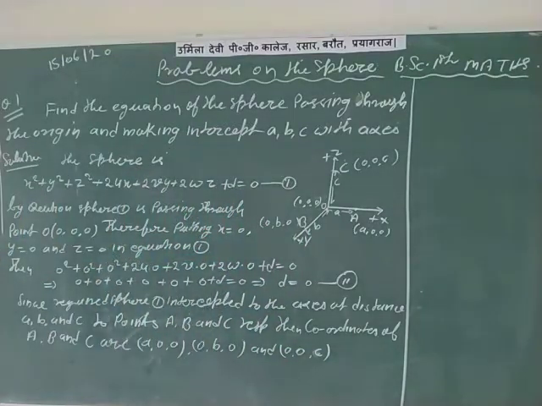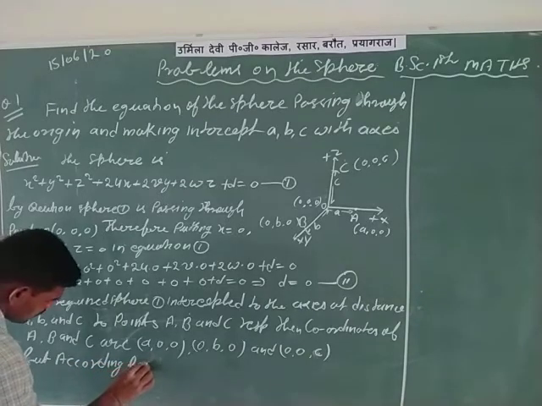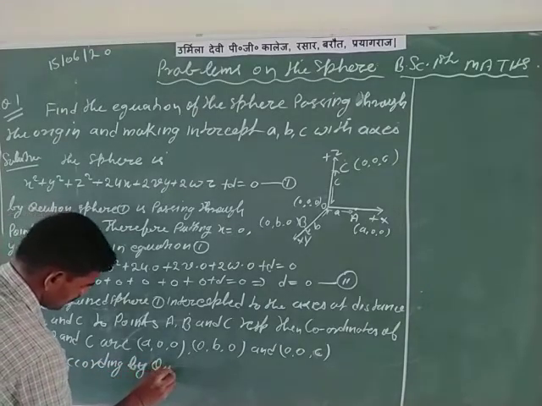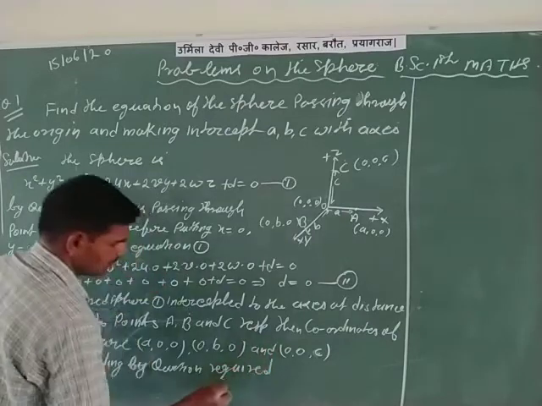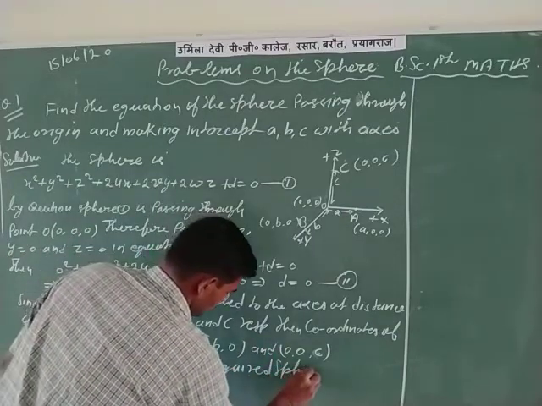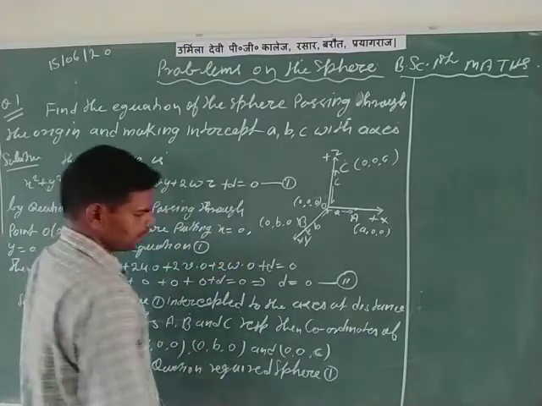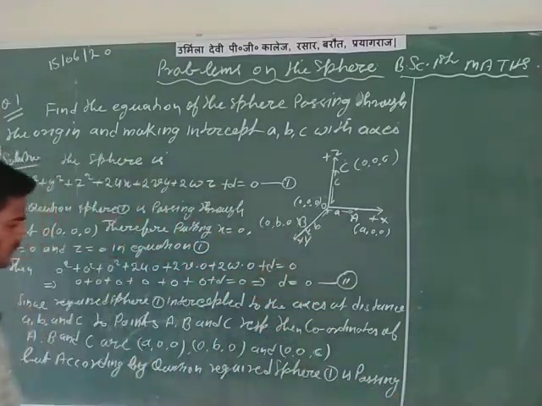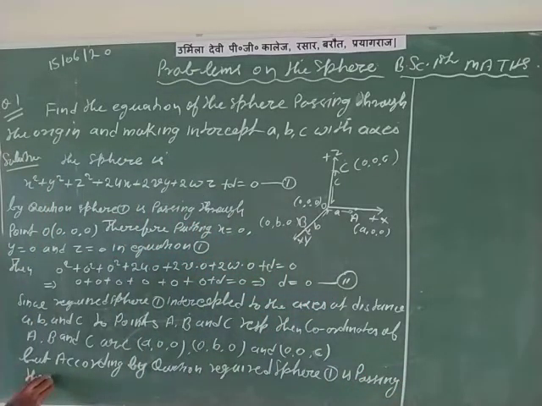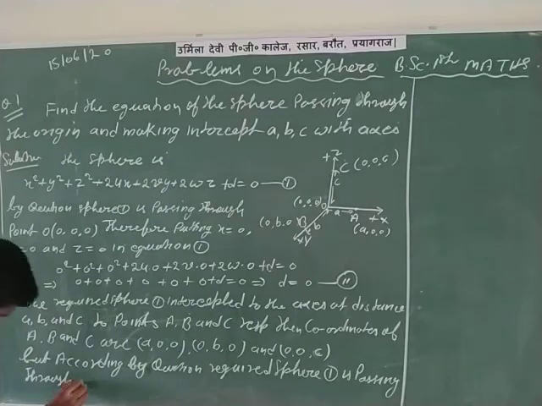But according to the question, the required sphere first is passing through point capital A, whose coordinates are (a, 0, 0).